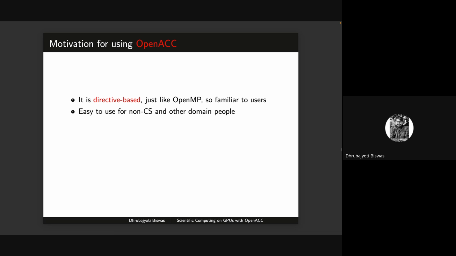So OpenACC helps in such scenarios where the learning curve is very small and it is very easy if you know OpenMP. And we do not need to write device specific code like CUDA. As I said, CUDA is from NVIDIA and it will only run on GPUs from NVIDIA. In some cases, somewhere you have access to a GPU machine, somewhere you might have access to an AMD GPU machine, somewhere you might have access to no GPUs, so you have to run on CPUs.